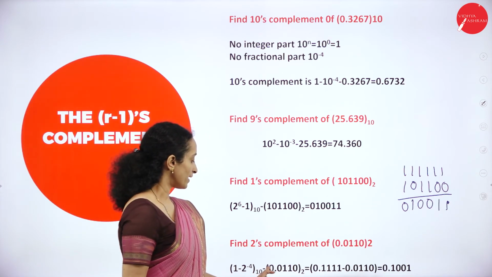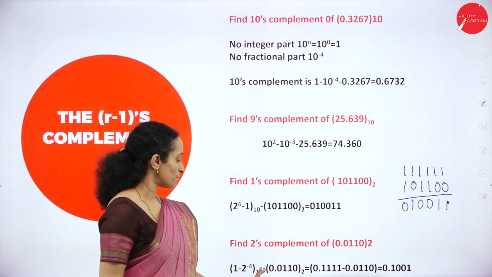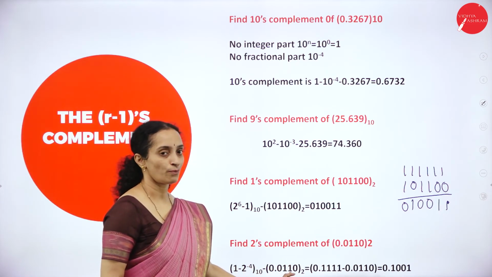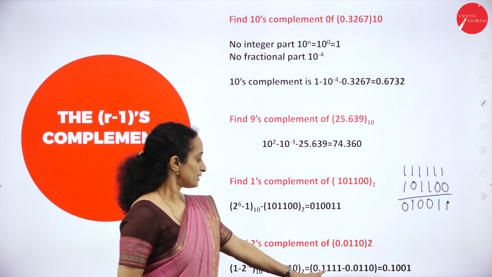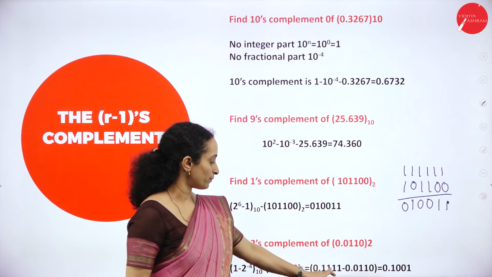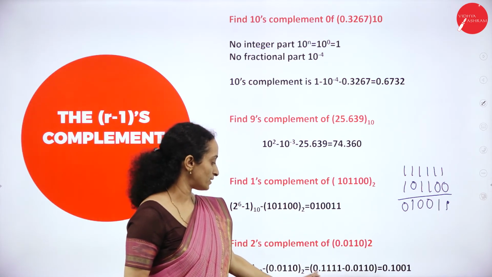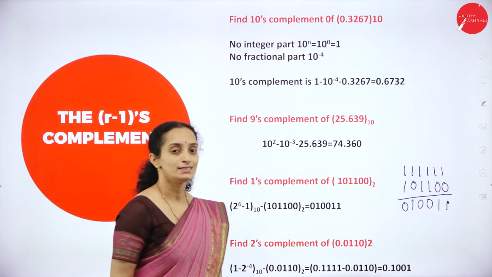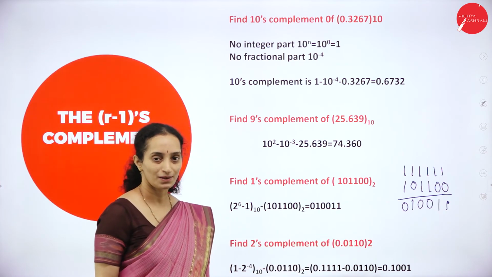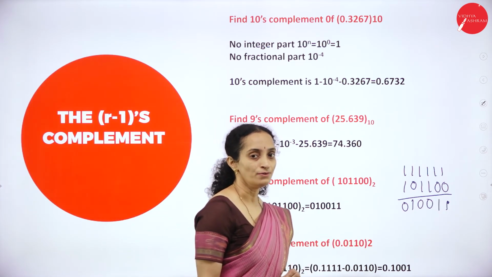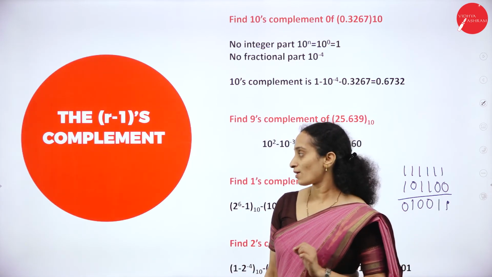We have to find the binary value of this: 0.1111 minus 0.0110. The result will be 0.1001. Alright. So this is how we can represent the r minus 1's complement.